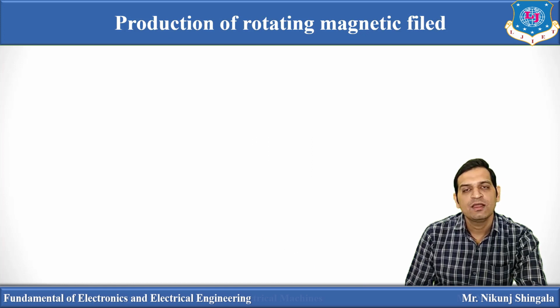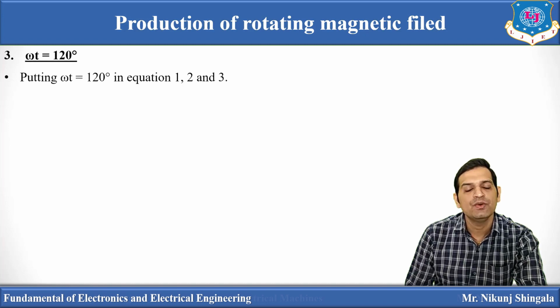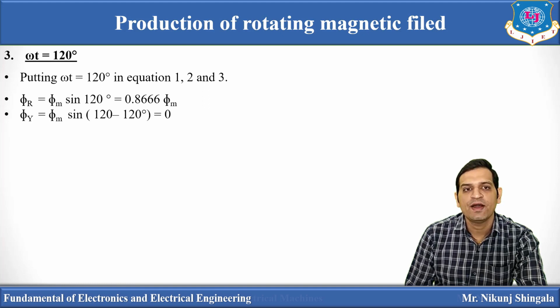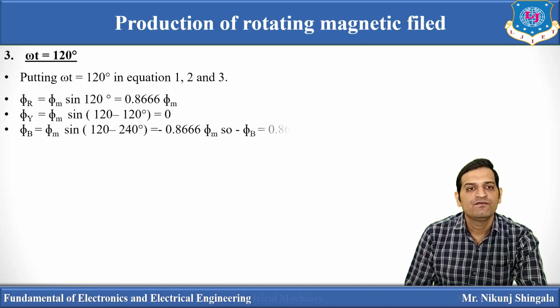Now moving towards the next value, that is the omega t is equal to 120 degree instant. So putting this value in equations 1, 2 and 3, we are getting phi r is equal to phi m sine 120, that is 0.866 phi m, phi y is equal to phi m sine (120 minus 120), that is 0, phi b is equal to phi m sine (120 minus 240 degree), that is sine of minus 120 degree, that is minus 0.866 phi m.